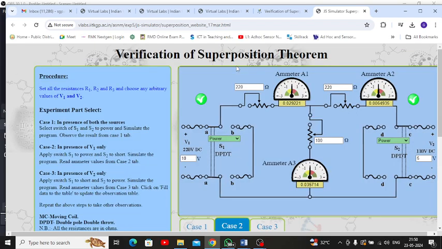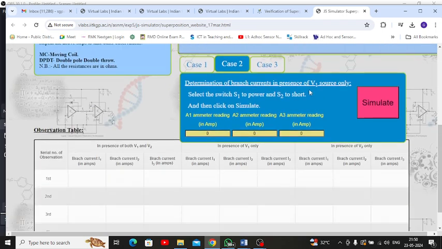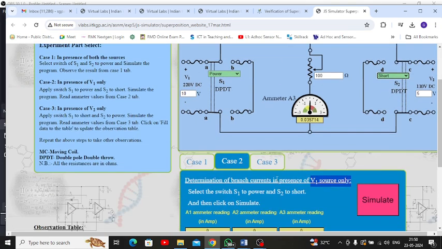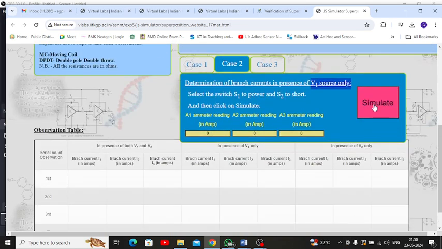Coming to case 2, we are going to consider only the V1 source. So V1 is made to power and V2 is short circuited. Let the resistance values be the same. Let me simulate.